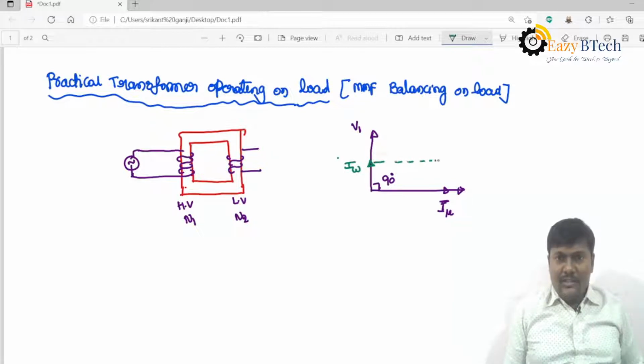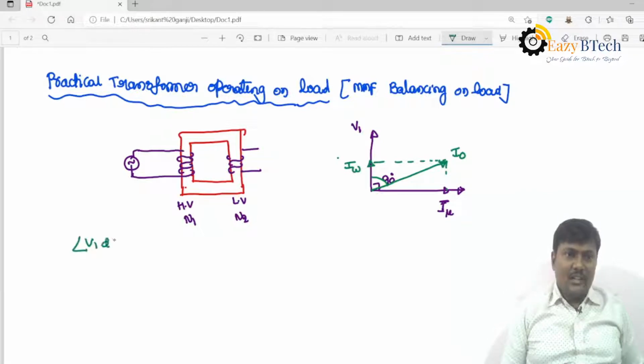By adding these two vectors, I get the no load current I0, and the angle between the supply voltage and I0 is called phi naught, the no load power factor angle.